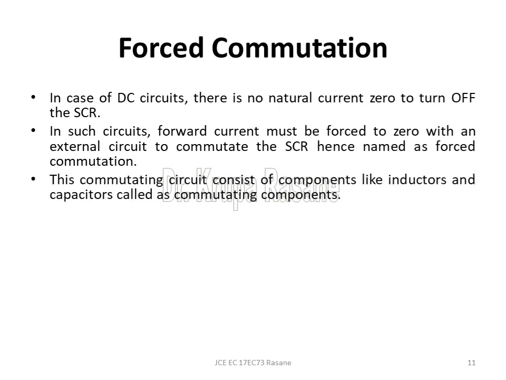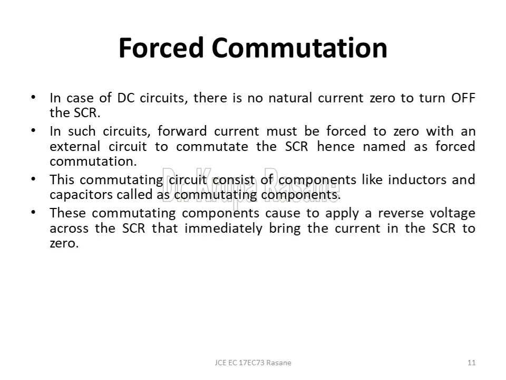This commutating circuit consists of components like inductors and capacitors, and they are called the commutating components. These commutating components apply a reverse voltage across the SCR that immediately brings the current in the SCR to 0.